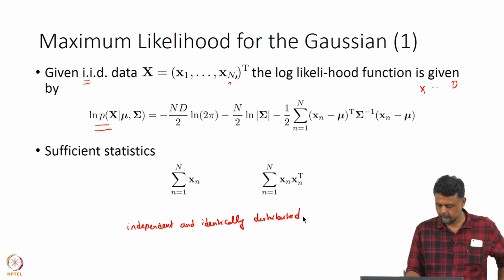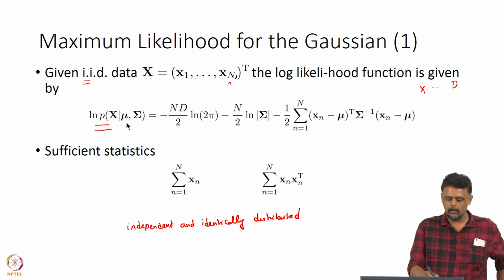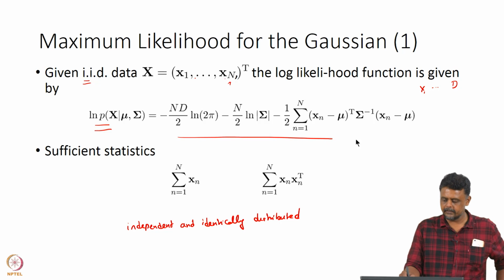So, the probability of observing x1 times the probability of observing x2 times the probability of observing xn. For all the n data points, the product of each of these probabilities is the probability of observing the entire data set, okay. And we do that like we did it for the one dimensional case, and we can still take the log of the probability, and you will get an expression like this.